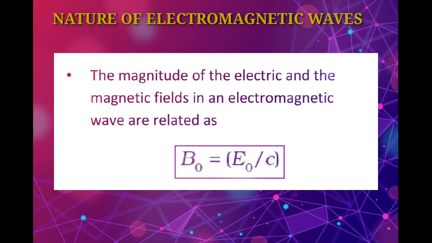The magnitudes of the electric and magnetic fields in an electromagnetic wave are related as B0 equal to E0 by c. Here B0 and E0 are the magnitudes of the magnetic and electric fields of the electromagnetic wave.